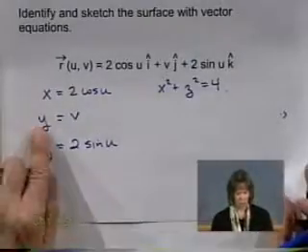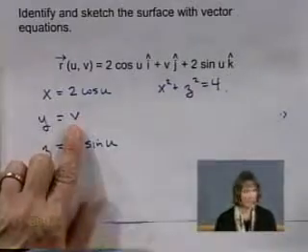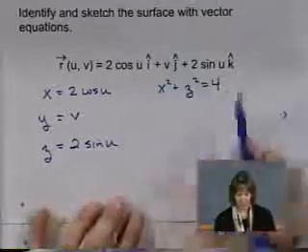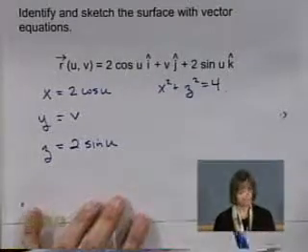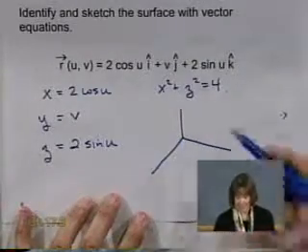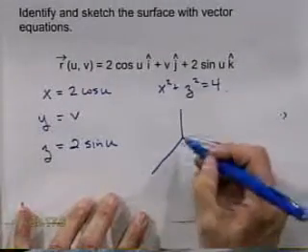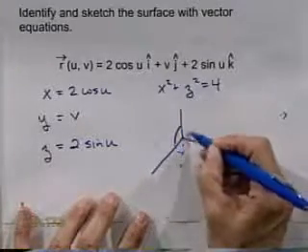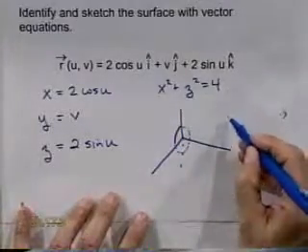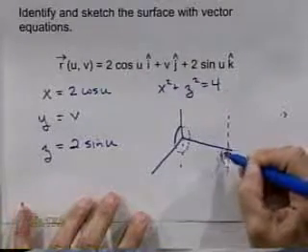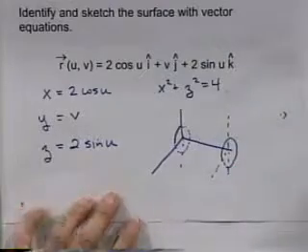And notice y is v. So y has nothing to do with what u is. You can just pick v to be anything. Well, what does that look like? Cylinder. It looks like a cylinder. Now, that's a cylinder that you're going to draw in the xz plane. So first you're going to draw your circle in the xz plane of radius 2. And since there's no y, you're going to drag it along, and drag it.